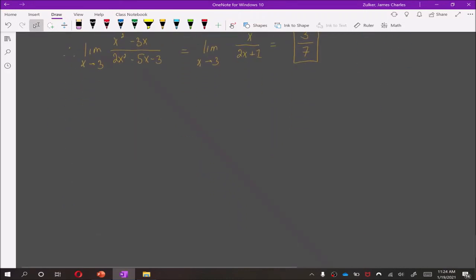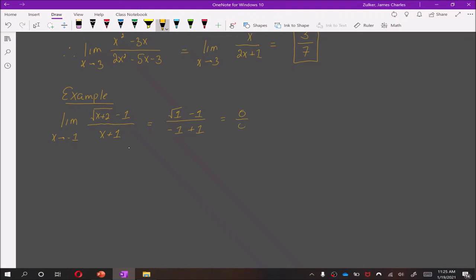Okay, so now let's look at this limit. Again, if we go ahead and plug in negative 1, we will have square root of 1 minus 1 all over negative 1 plus 1.